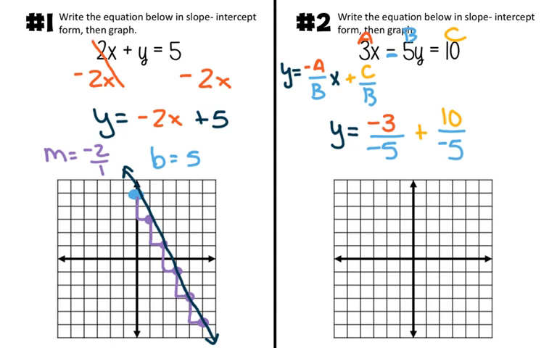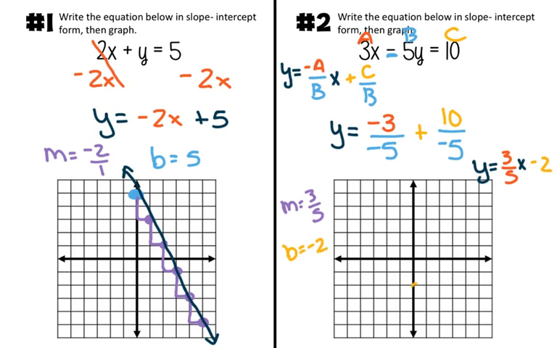And then we need to reduce the fractions if we can. 3 divided by 5 I cannot reduce, but it does turn into a positive. So it's going to become 3 over 5x. And then 10 divided by negative 5 is negative 2. So my slope here is 3/5, and my y-intercept is negative 2.